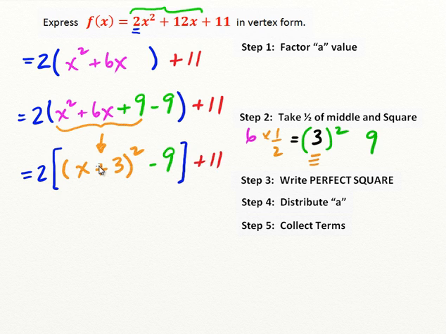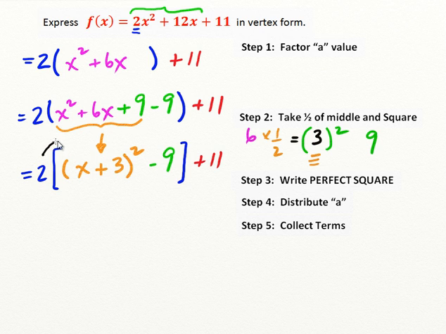So it's looking a little closer to vertex form. How do we go ahead and complete it? Well, all we need to do is complete step 4, which is distribute the a value. So here's the a value at the front, the 2.